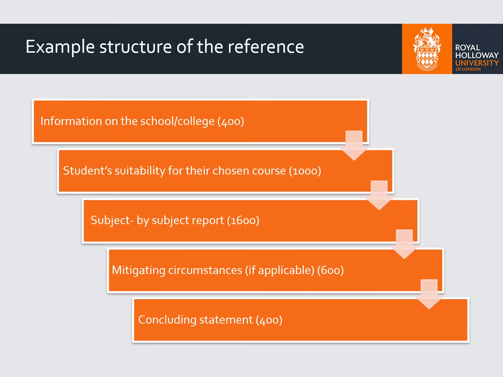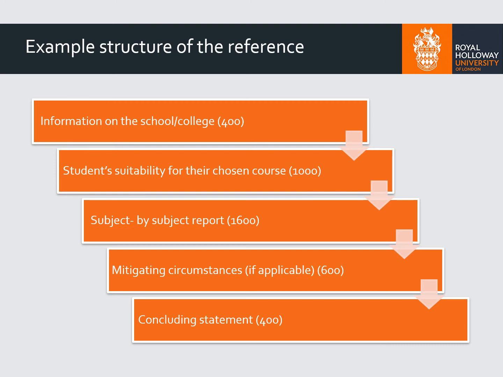Here is a very simple reference structure for you. You probably already have your own way of writing a reference, but if you haven't, then this is a good place to start. Then of course you can mix it up the way that you want to. We've put an indication in there of how many characters you should use in each section, but that's purely as a guide. So, some information about the school or college that the student attends.